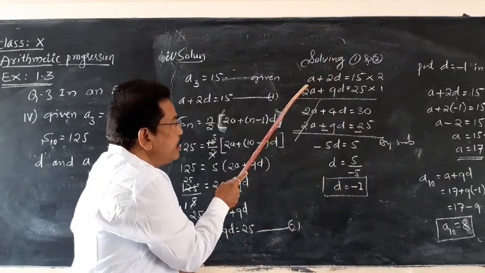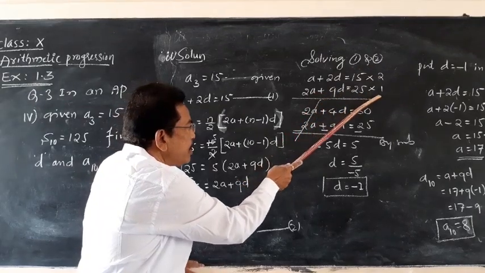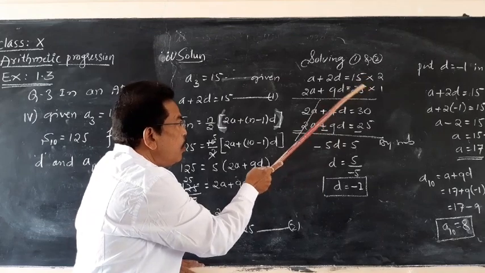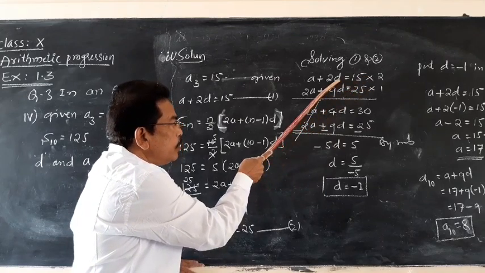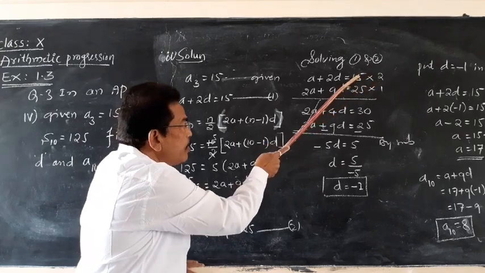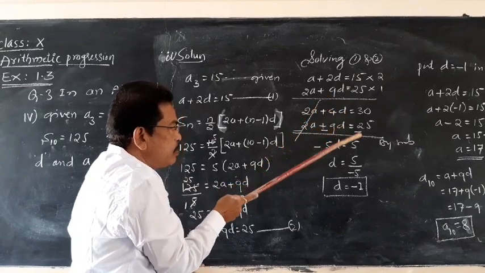Solving 1 and 2, I have written a plus 2d equals 15 and 2a plus 9d equals 25. I multiplied the first equation by 2 to tally the equations.